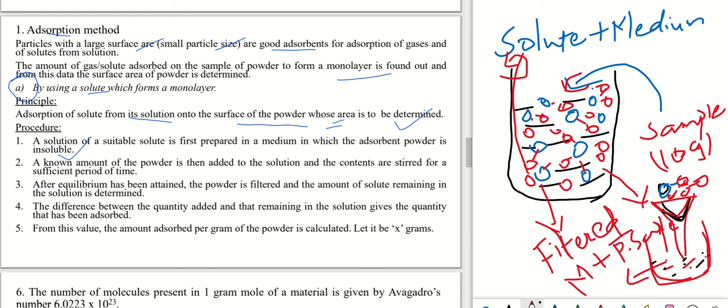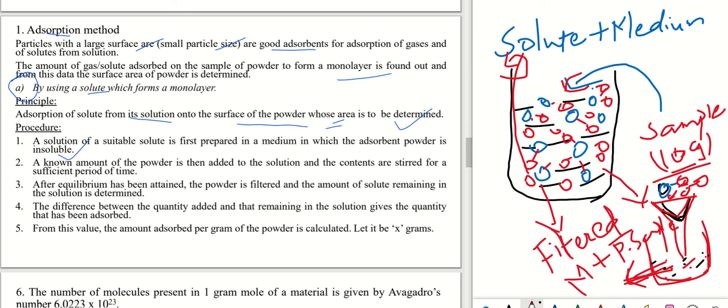Now this is checked for the amount of particles present. There will be some difference in the quantity added in the beginning and that found after filtration, right?